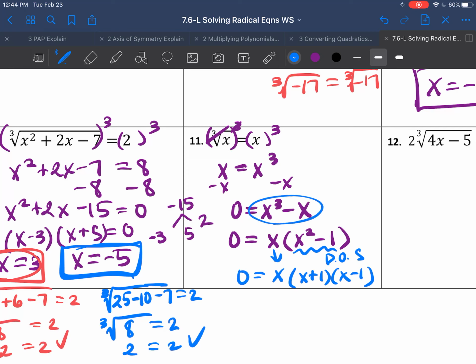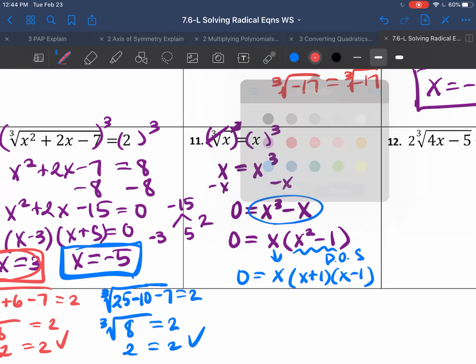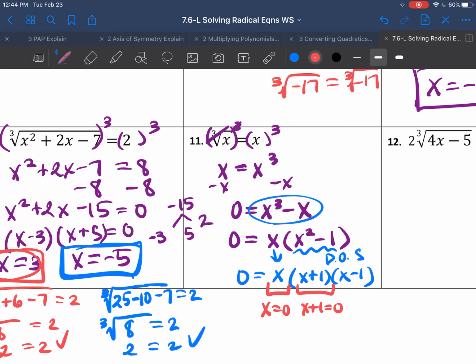Okay, so I have factored this cubic. We've learned how to factor cubics last semester towards the end. And so that's where it comes into play if you want to solve a cubic equation. And so we still have to set each factor equal to 0. And so x equals 0, x plus 1 equals 0, and x minus 1 equals 0.